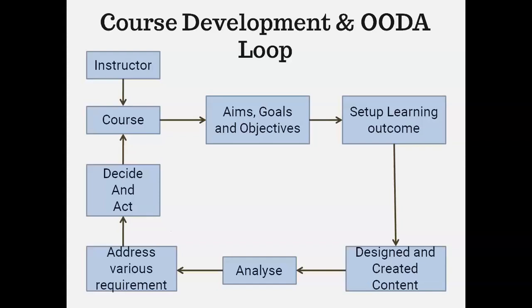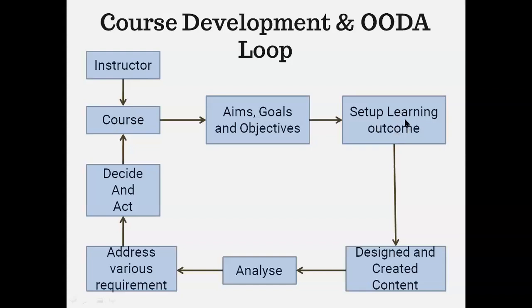This is like we begin with the instructor. The instructor has created the course. While defining the course, the first step was to define the aims, goals, and objectives, which led to the learning outcome.